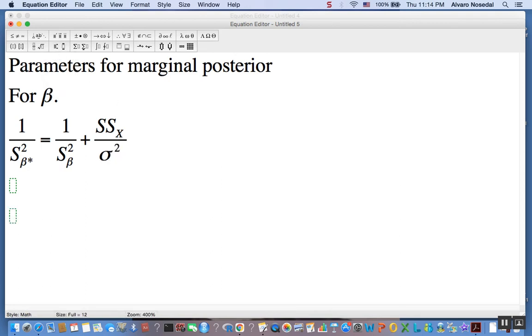Okay, done. Now what we need is the posterior mean. Let me call it M of beta star.